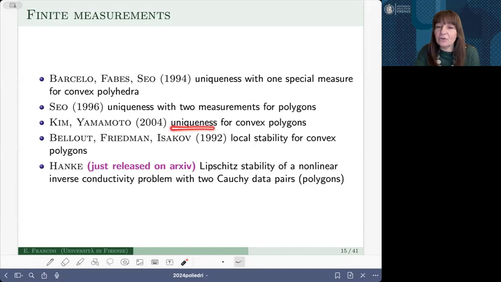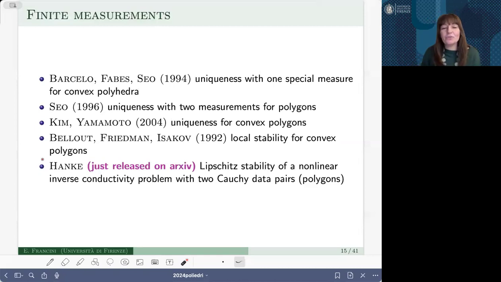There is a result of reconstruction for convex polygons by Kim and Yamamoto, and also a result of local stability for convex polygons. But up to a few days ago, it was difficult for us to get stability from these results.